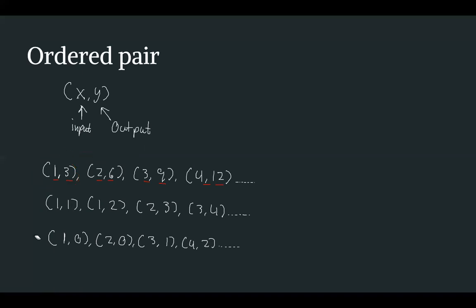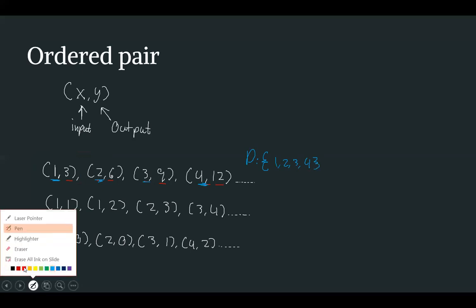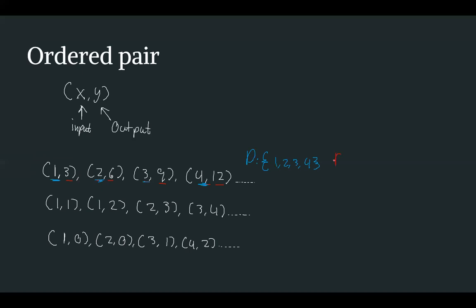If you notice the pattern here, look at the domain of the relation. How do you find the domain? The domain is here, the left part: 1, 2, 3, and 4. The range, how would you determine that? The range is on the right. So this would be 3, 6, 9, 12.